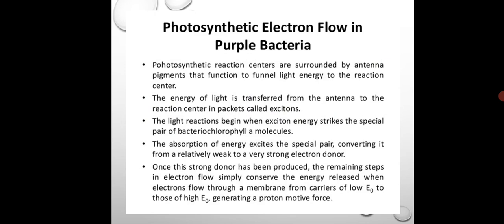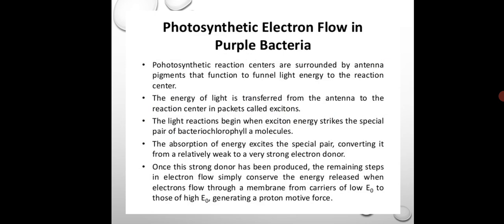That is the difference between PSB and PNSB. PSB can accept electrons from H2S or sulfur, and purple non-sulfur bacteria can accept electrons from hydrogen or any hydrogen-related compound.